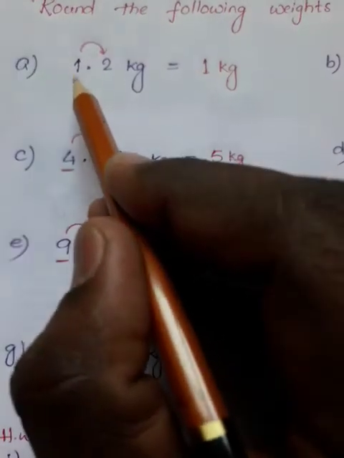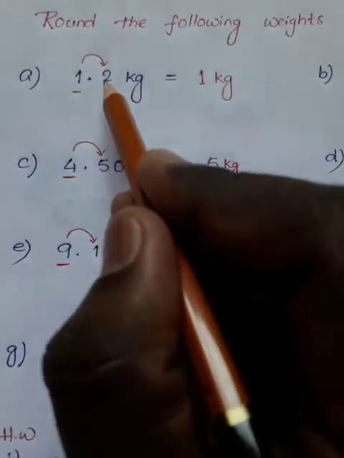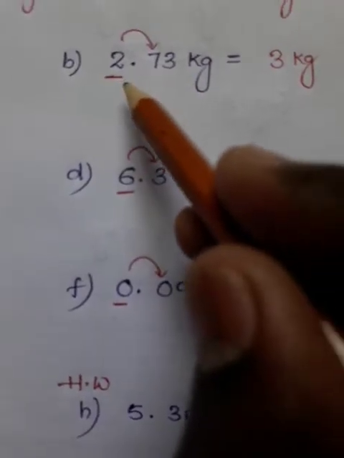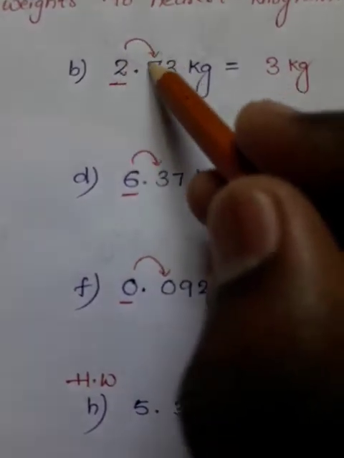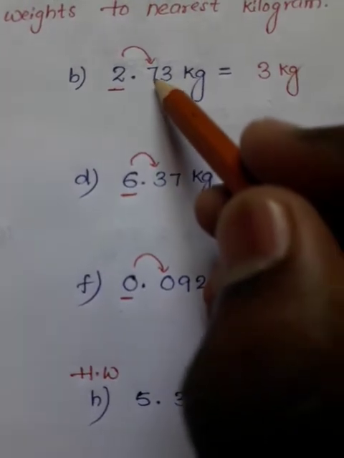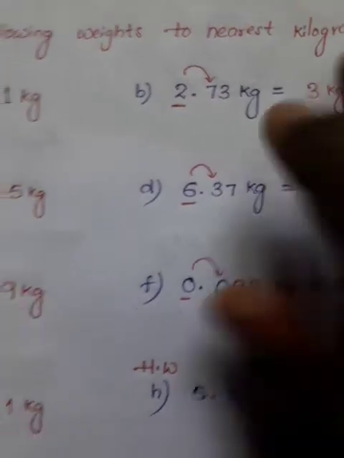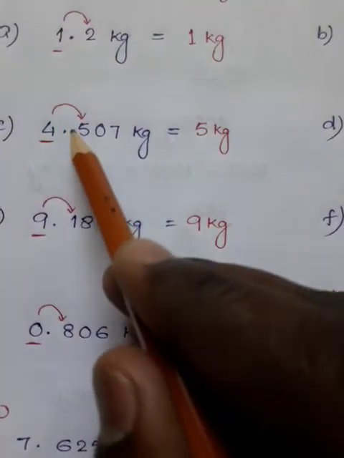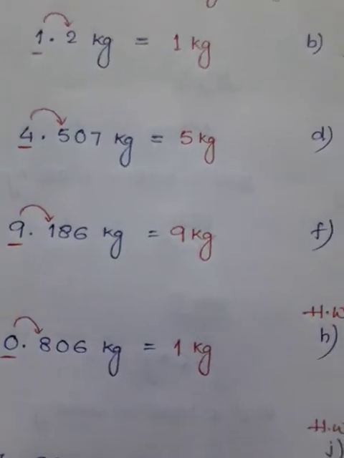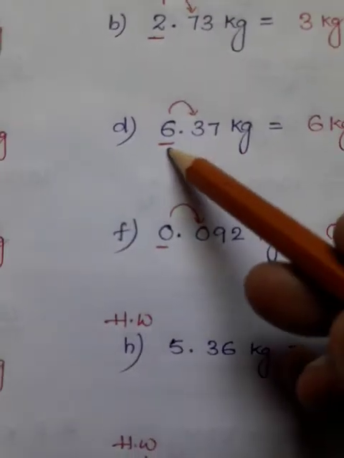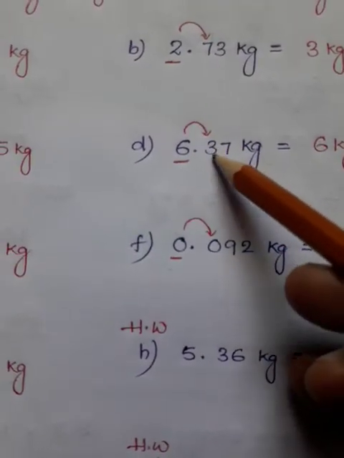Okay, so this is 1. The number after the decimal is 2. So 2 is less than 5, so write it as it is, 1 kilogram. Here the number after the decimal is 2, so just look at the next number, 7. No need to look at all the numbers. 7 is bigger than 5, so this 2 changes to 3. Next number, here is the 4. The next number is 5. 5 or more than 5, you should change the number. So this 4 will change to 5 kilogram. And here is the 6. The next number is 3. 3 is less than 5.